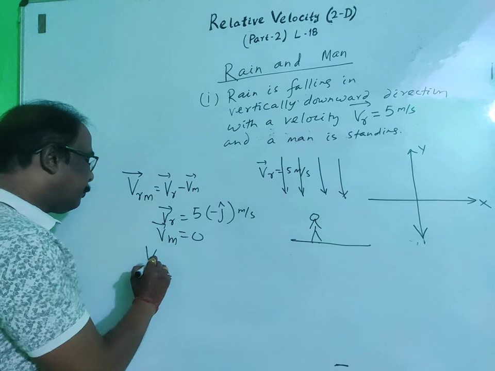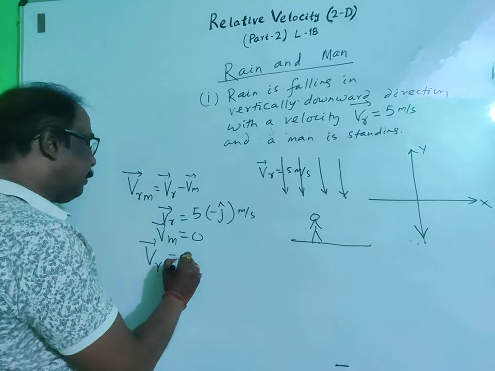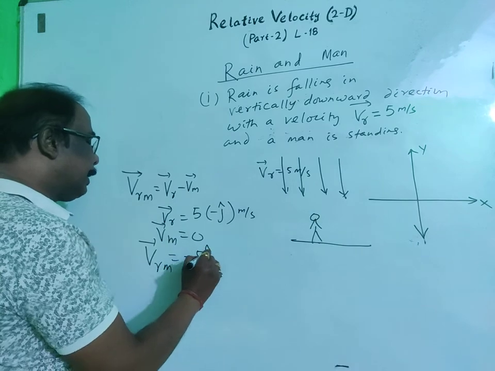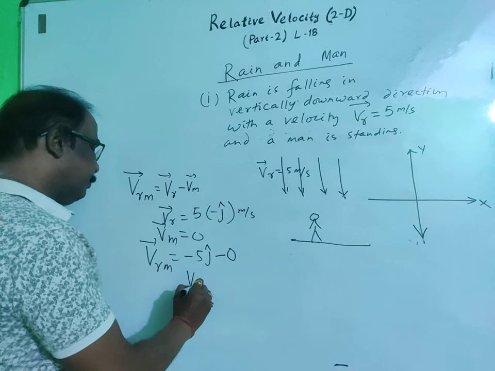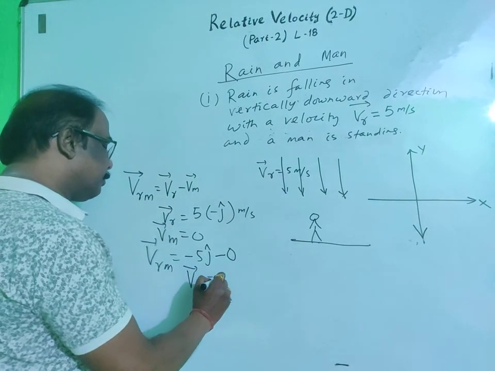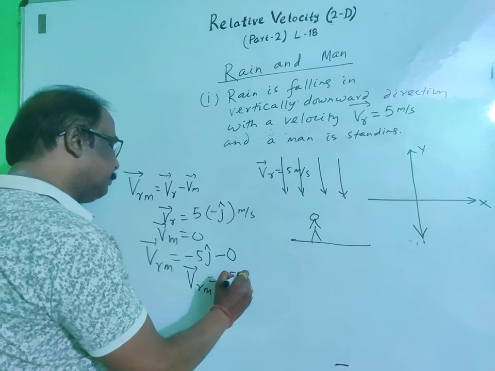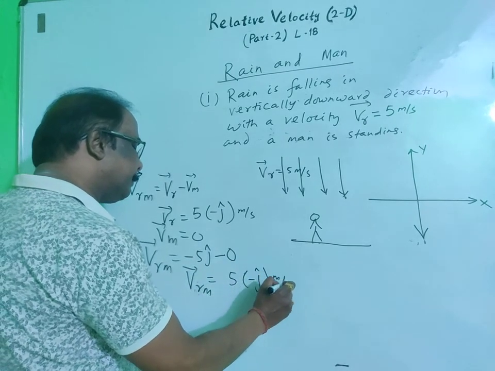Then the relative velocity, the velocity of rain with respect to man, is Vr minus Vm, which is minus 5 j cap, since the velocity of man is 0. So the velocity of rain with respect to man is 5 minus j cap meter per second.